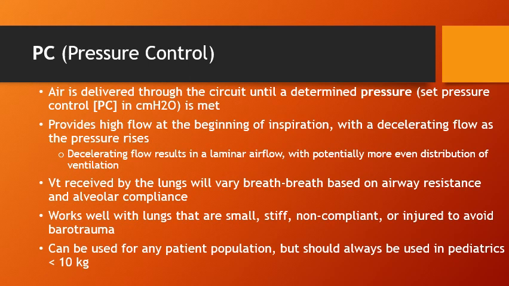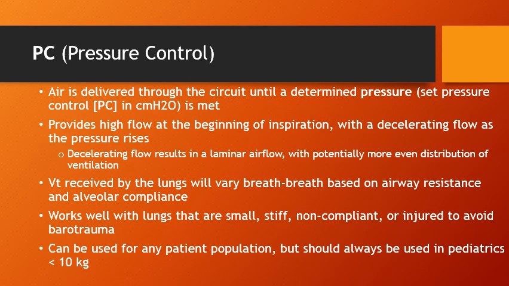So this breath type works well with lungs that are small, stiff, non-compliant, or injured, because it allows us to avoid barotrauma. And barotrauma just means damage to the lungs due to high pressures. So in these lungs that are small, stiff, non-compliant, injured, the last thing we want to do is create high pressures that are going to make that worse.